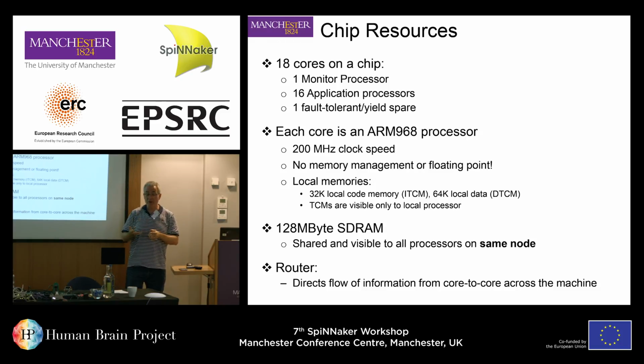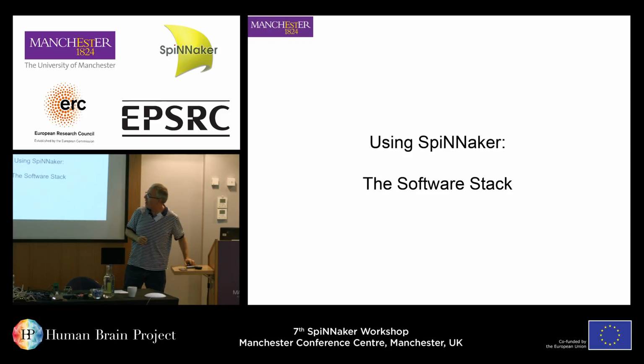So as part of our experiment into redundant parallel computer systems, we have this boot process which allows any of the 18 cores to be the guy in charge, called the monitor processor. The first one which completes the boot process says, I'm the monitor processor, and all the rest of you guys are just running applications. So that's the way the boot process works. In principle, we guarantee 16 of the other cores will be available for applications. That leaves one free just in case we have a manufacturing defect, so there's one spare core.